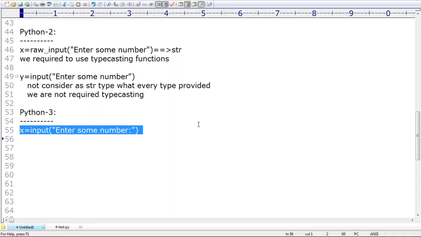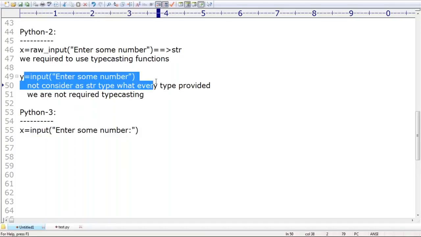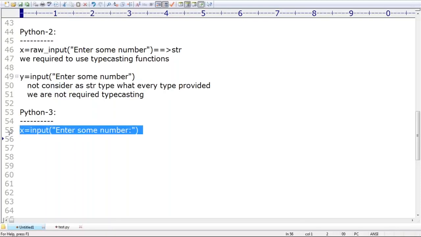Here, what is the function name? Input. Whatever input function is there in Python 2 and whatever input function is there in Python 3, are both the same or not? That's what you people should be aware of.